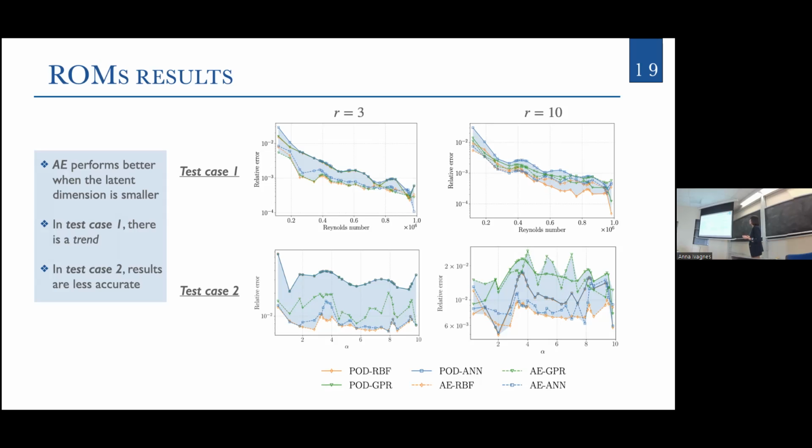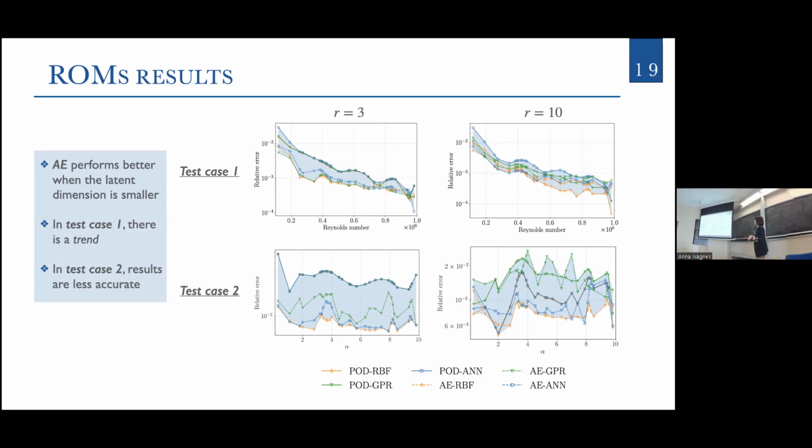Okay, so you see here we have these solid lines that correspond to the POD-based approaches, and these dashed lines are for the autoencoder-based approaches. We consider two different latent dimensions, 3 and 10, very small, both of them. But if we take 3 modes, 3 dimensions, we see that the autoencoders, so the dashed lines that you see here, are performing better than the POD.